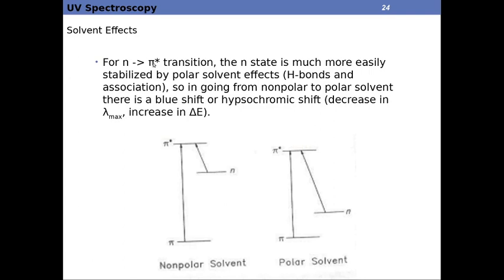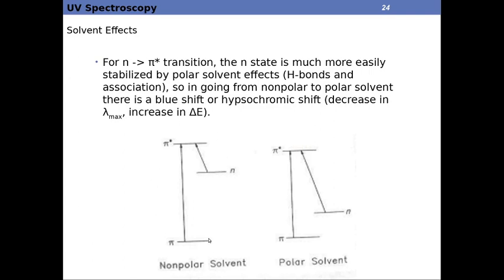So for example, if you take a typical model molecular system in which we have a carbonyl functional group, then we can represent the molecular orbitals of the carbonyl system by the pi and pi star molecular orbitals, because we have C double bond O, and we have non-bonding electrons on the oxygen atom.